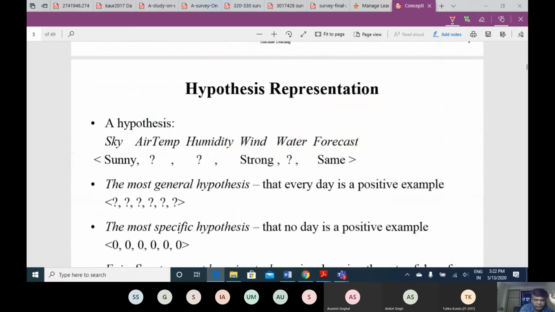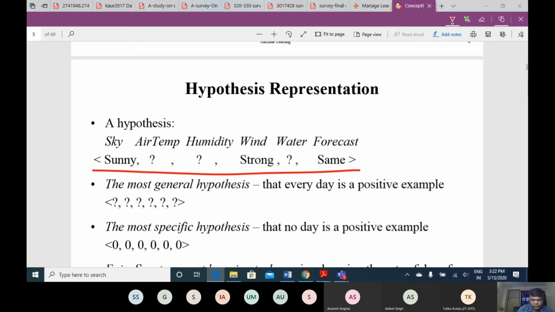If we are saying this, that means we have specified a subset of rows in that table where the first value is sunny, wind value is strong, forecast value is same, and all other features can take any value.